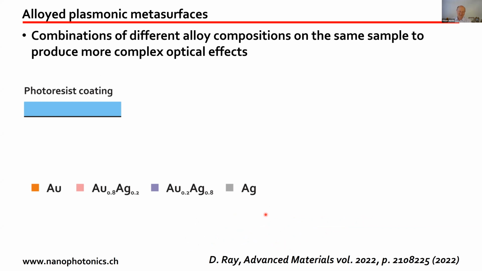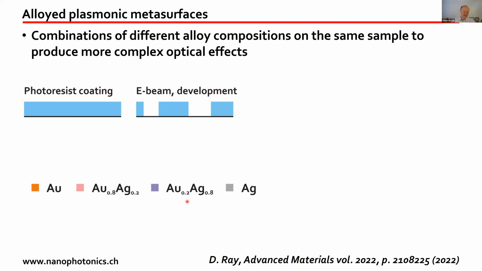Of course, the challenge there is that you want to fabricate a sample in which you have different alloys with different stoichiometry that are all nicely organized on the surface. So you have to do successive e-beam lithography to do that. We've kept the challenge relatively modest because we've considered only two different alloys, two different stoichiometry, 80/20 and 20/80.